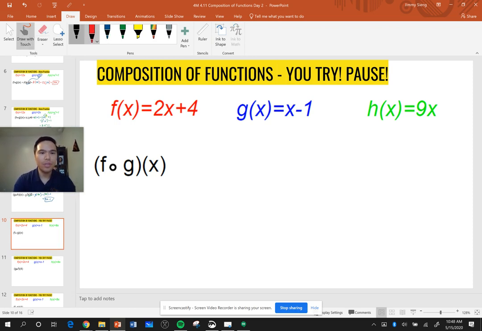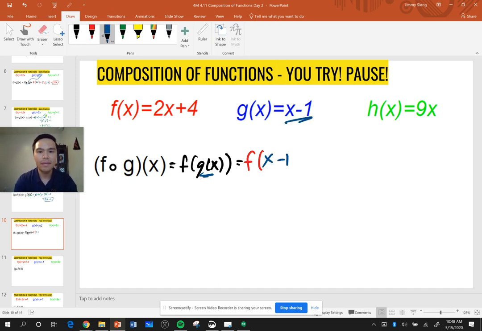Okay, so you should understand that this is f o g, or a composition. So it's f of g of x. We're going to take my f function in red, and we're going to put in the g blue function, x minus 1, in there. So now I just have 2 parentheses x minus 1 plus 4.